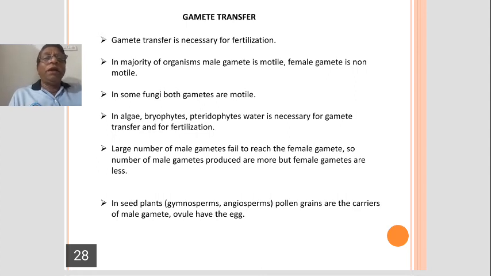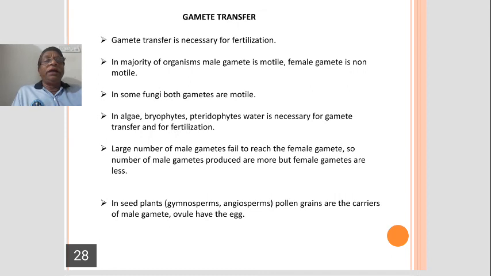Okay. During gametogenesis, gametes are formed. Now, we have studied the gametogenesis.